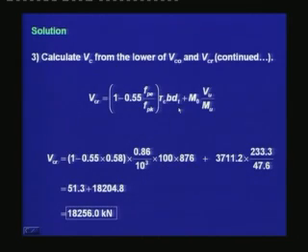We are substituting the values of the calculated variables, and we find Vcr is equal to 1 minus 0.55 times 0.58 whole within bracket times 0.86 divided by 10 to the power 3 to change Newton to kilonewton times 100 times 876 plus 3711.2 times 233.3, which is the Vu at the critical location, divided by 47.6, which is the moment at the critical location.